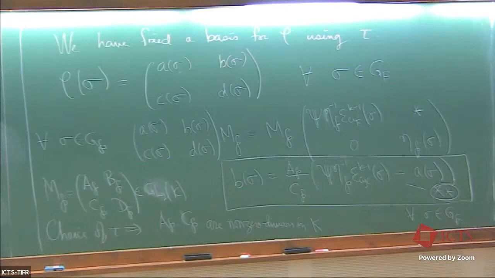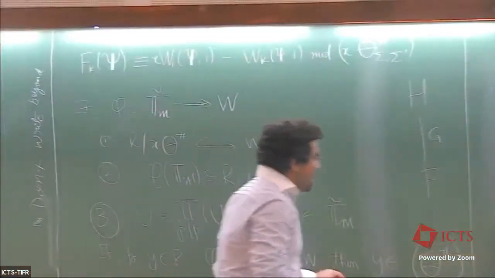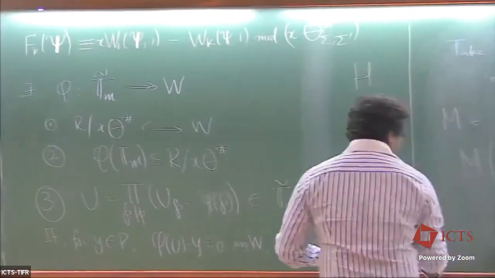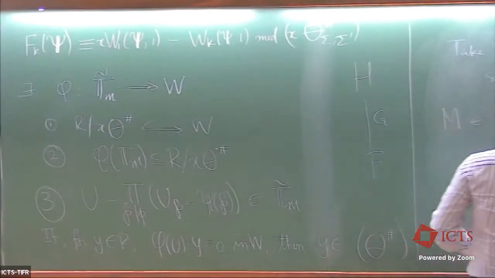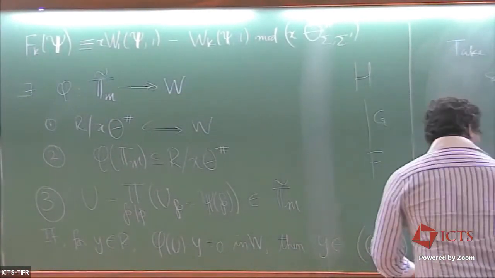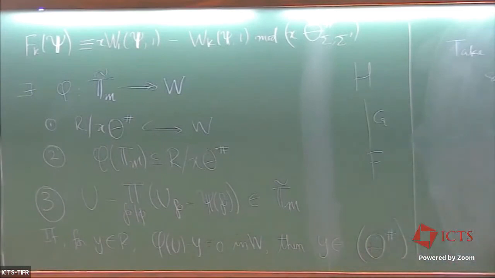Could you remind us what W is, the codomain of phi? So the theorem said there exists an R mod X theta algebra W which satisfies all these properties. Then very briefly I sketched what W would be. If you want, I can do it again quickly.